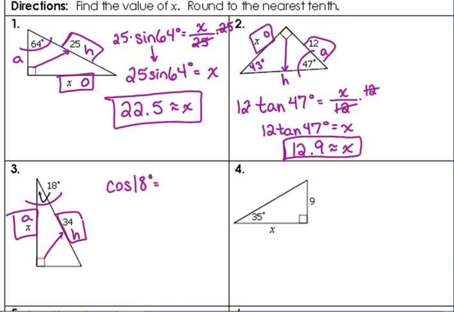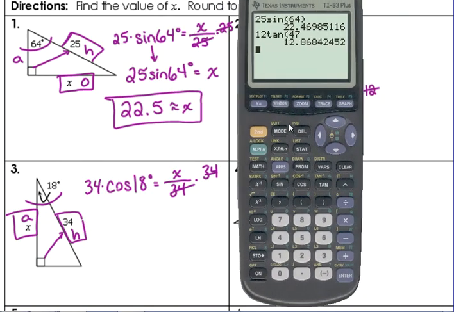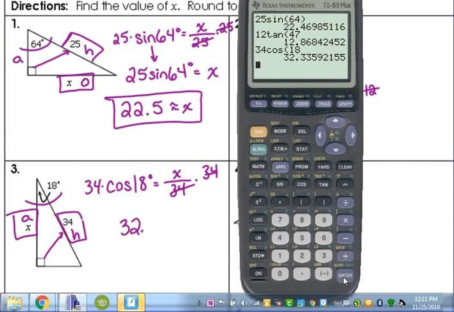Cosine of 18 degrees is equal to the adjacent, that was X, over the hypotenuse, that was 34. Same case, dividing by 34, so the opposite is multiplying by 34. I'm not going to rewrite it this time because I think we're getting the hang of it. 34 cosine of 18, 32.3 is approximately X.